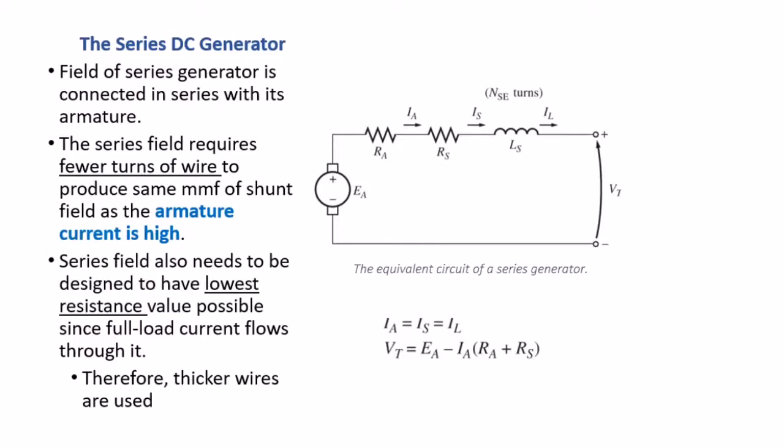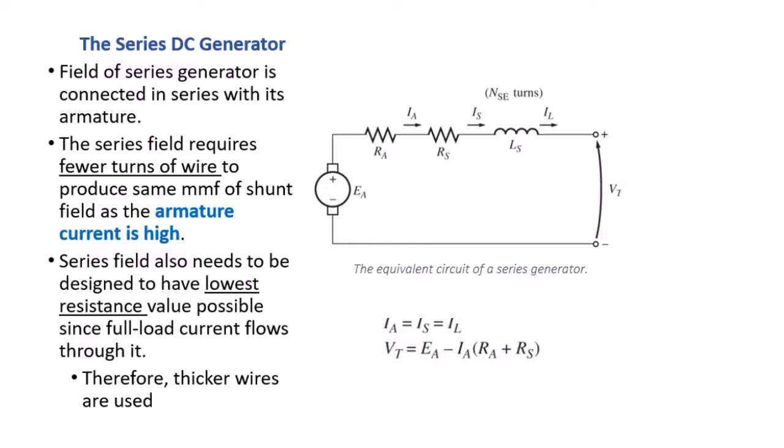Okay, now we've come to the third type of DC generator, which is the series DC generator. In this type, the field circuit of the series generator is connected in series with its armature.